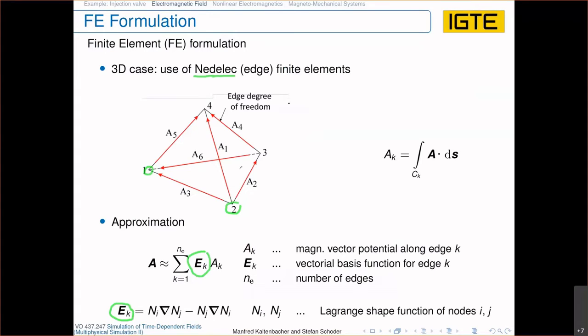And on the other hand, which is important, the normal component of the magnetic vector potential can jump along such an interface. And as we know from the transmission conditions, this normal component should be able to jump, which is not possible with nodal finite elements because you fix normal and tangential component. Here you just fix with this ansatz the tangential component of such a magnetic vector potential.